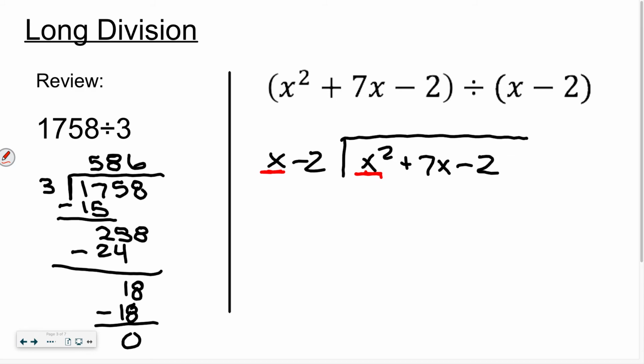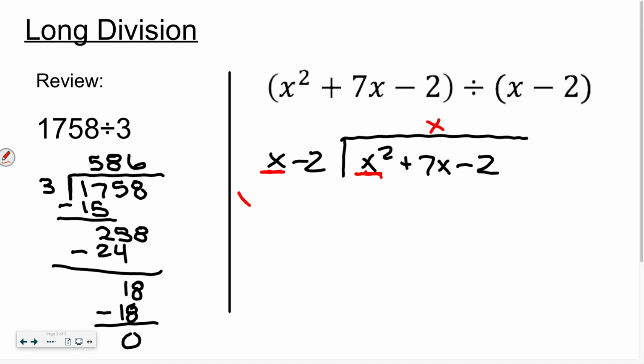It's better to do x squared divided by x. It's just like 17 divided by 3 was 5 something, right? So, x squared divided by x is x. What do you do with that x on top? Multiply it, and you're multiplying it by what? x minus 2.